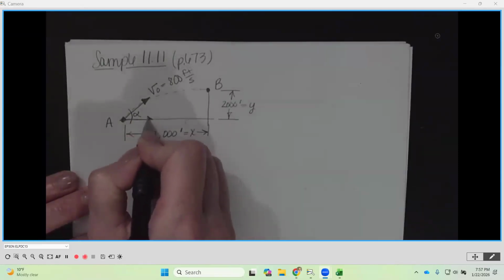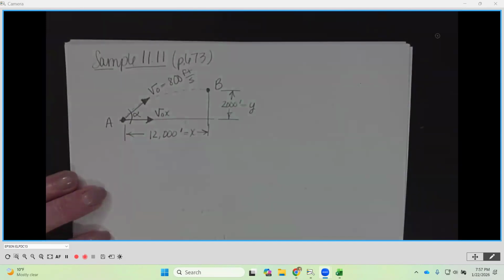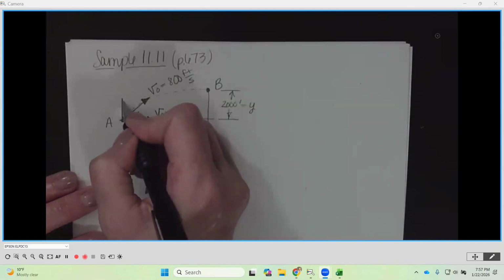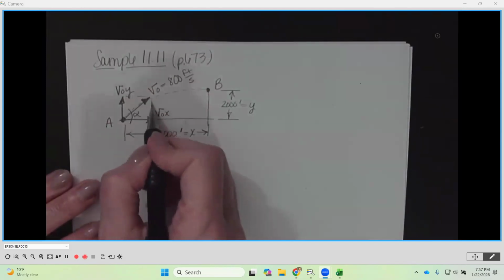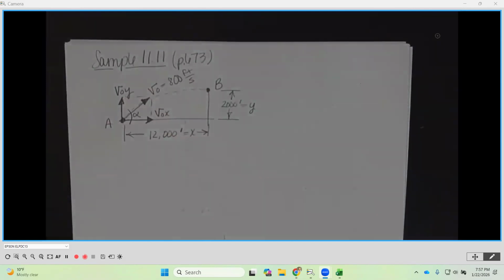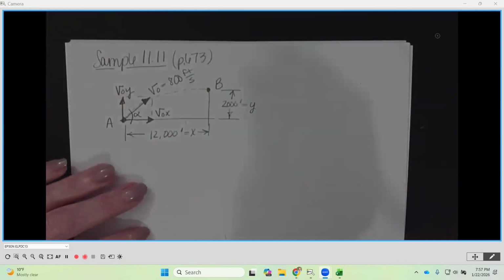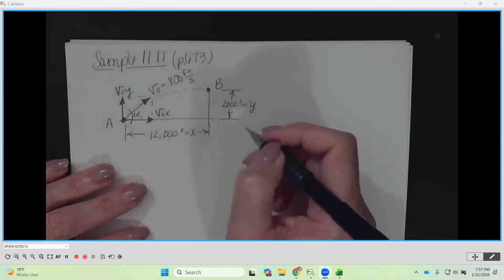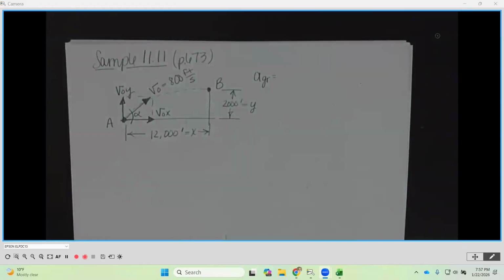Now we do know that this is going to have an x component, so this is going to be our v0x, and it's going to have a y component, a v0y. We know that gravity is also going to be affecting things, so I'm going to put acceleration of gravity is equal to... Now, if we look at our units here, they're feet and seconds, so we're in English units.